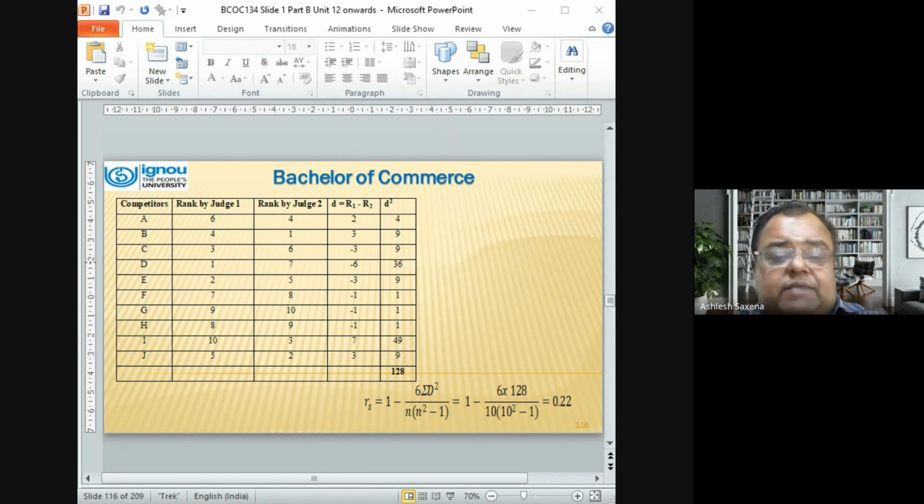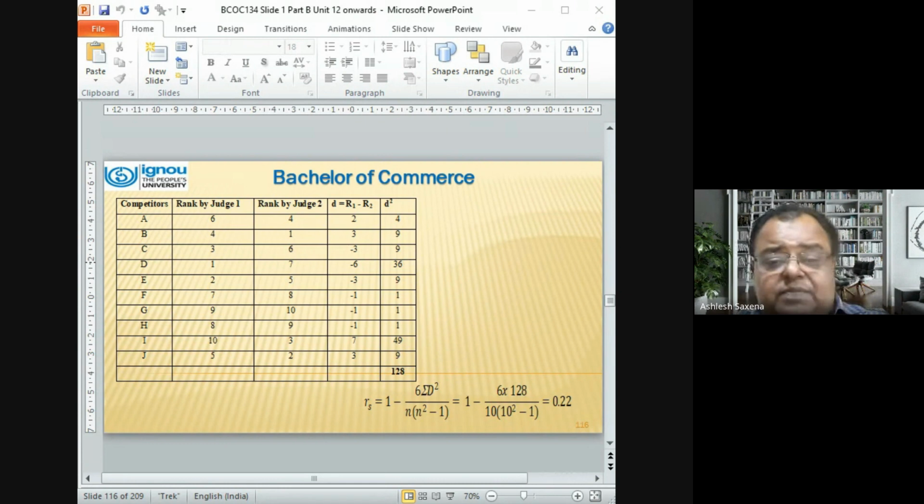Now, we have the formula R equal to 1 minus 6 sigma d square upon n into n square minus 1. Here, summation d square is 128, and n is 10. After applying it, we get 1 minus 6 into 128 divided by 10 into 10 square minus 1.